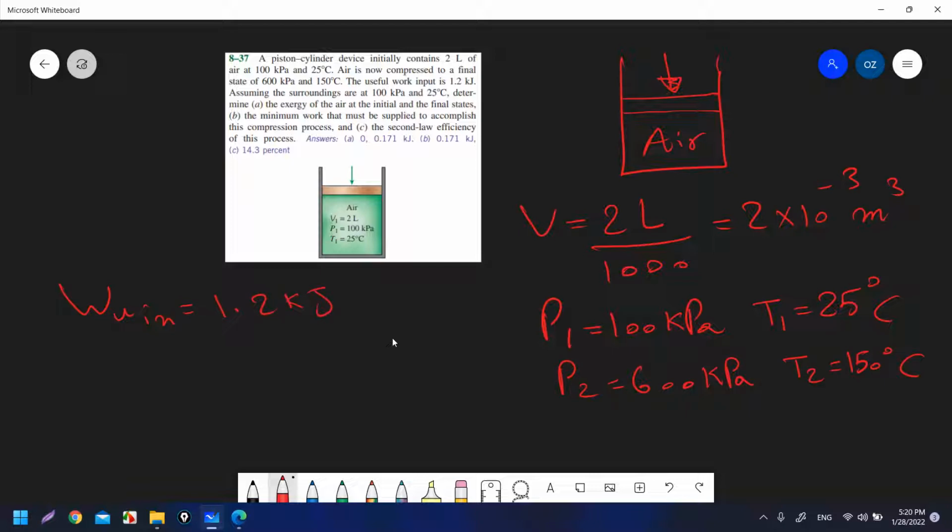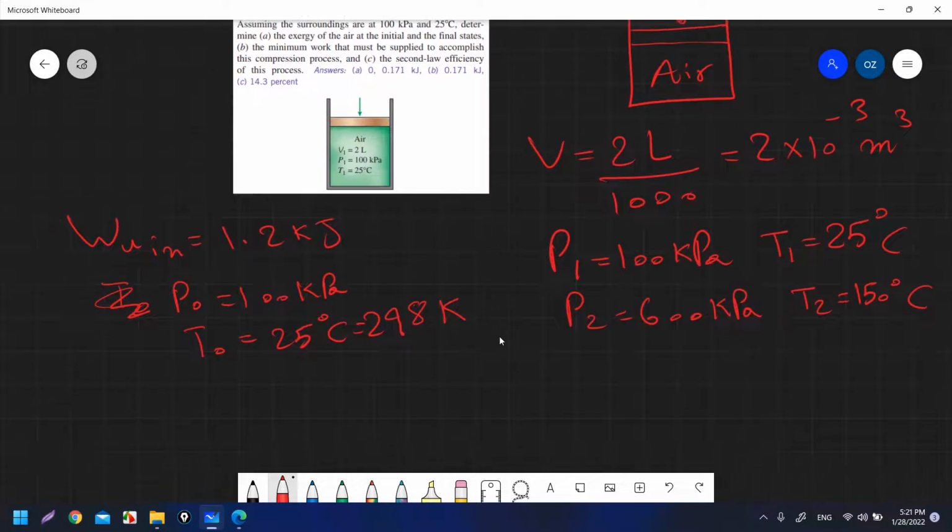Assuming the surroundings are at 100 kilopascal, that is the P naught, 100 kilopascal, and T naught, 25 degrees Celsius, that is 298 Kelvin. Okay, he wants from me to determine the exergy of the air at the initial and final state.